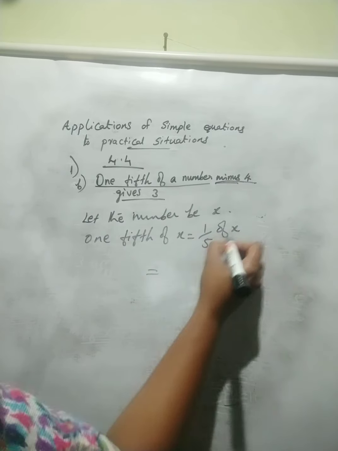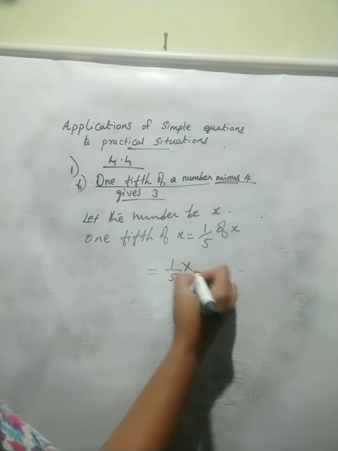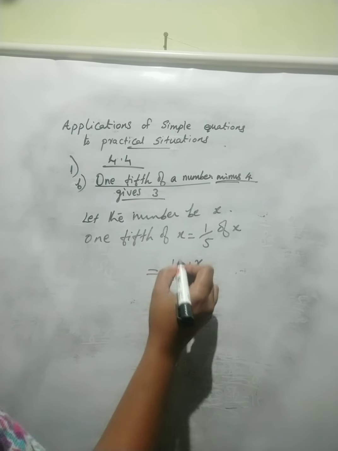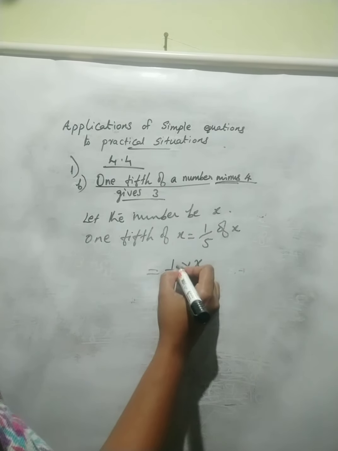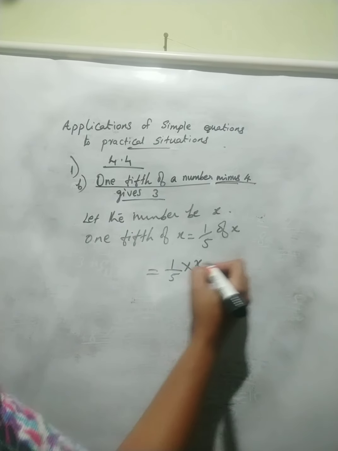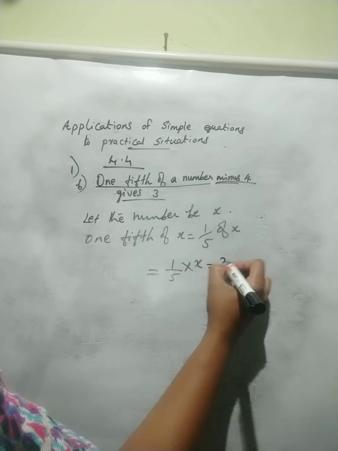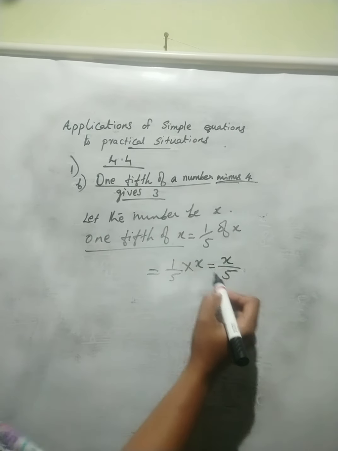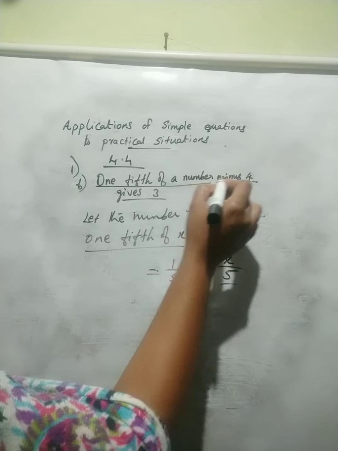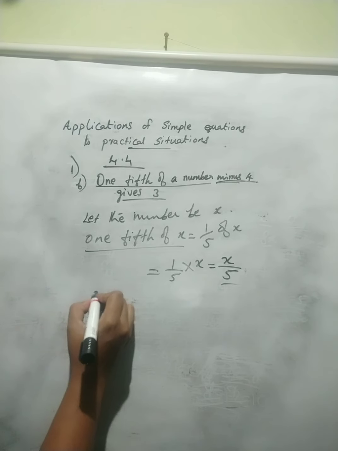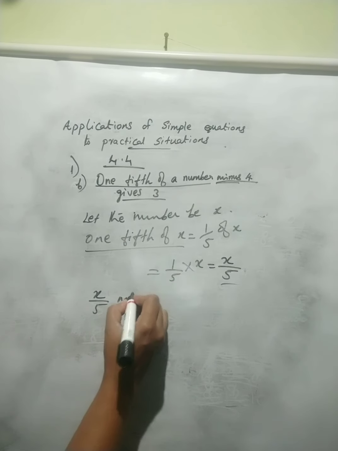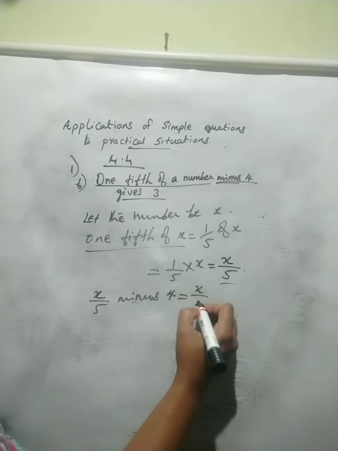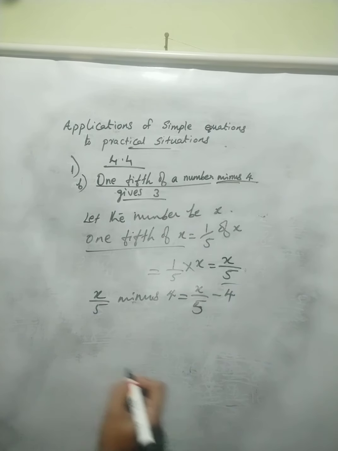What is meant by of? That is 1 on 5 times x, that is x times 1, that is x. x on 5 is the answer. So 1/5 of x is x on 5, minus 4. What is meant by minus 4? Which is equal to x on 5 minus 4.